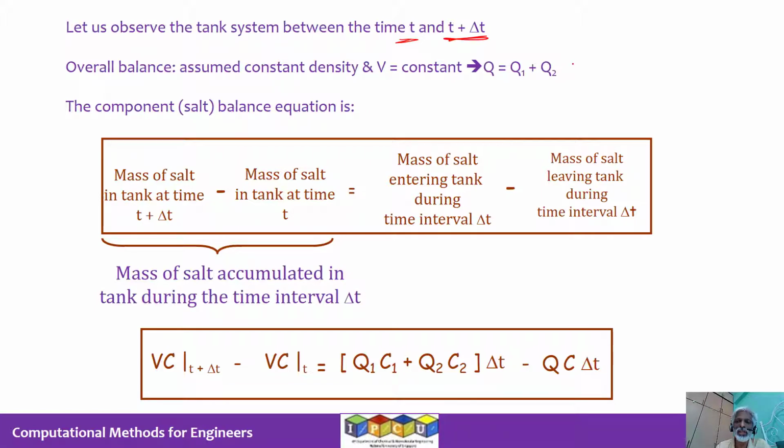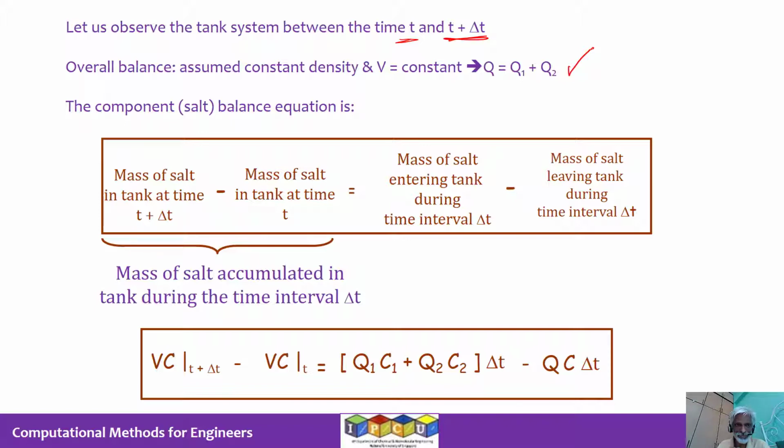We can write this straight away because of the assumption of constant density. Mass is conserved, and since density is constant, mass rate in is equal to mass rate out. If you divide that by density, you get volumetric flow rate in equal to volumetric flow rate out at steady state, that is, when V is constant.